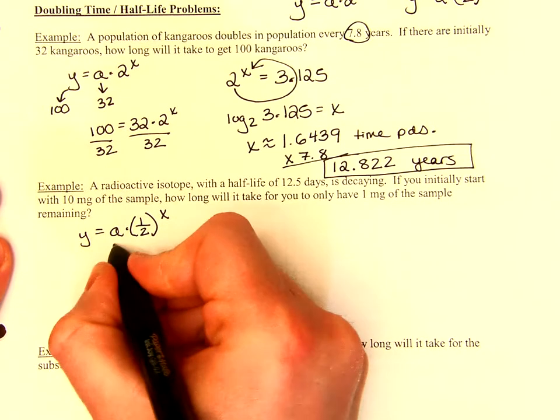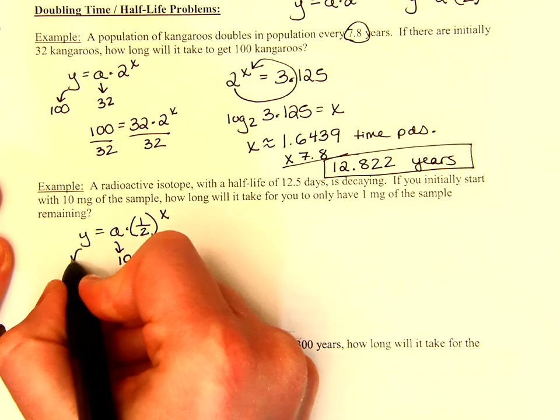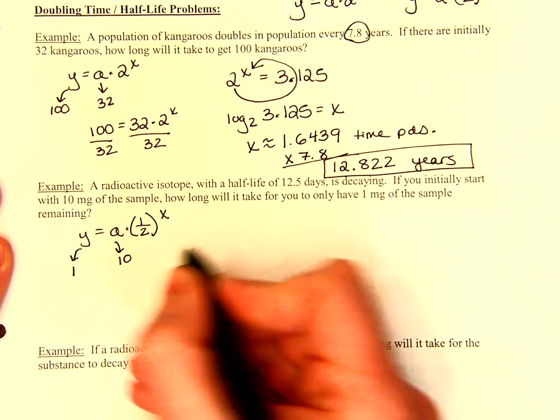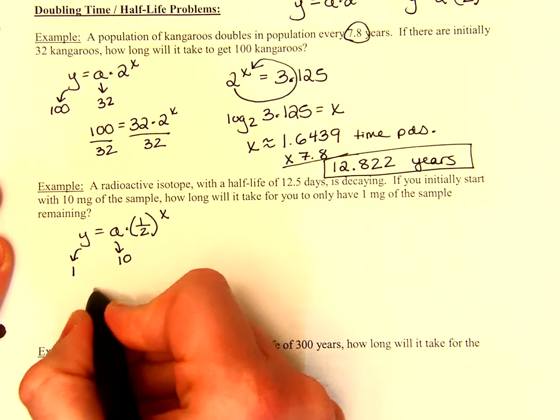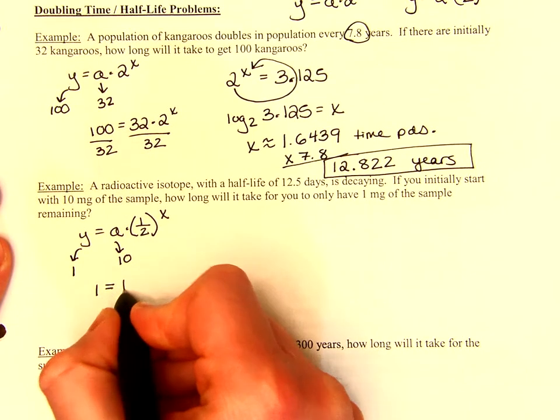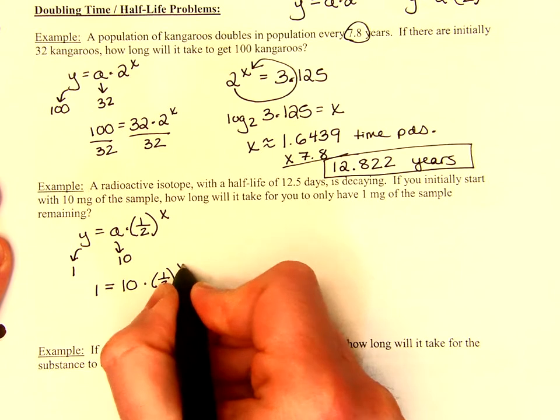I am starting with 10 milligrams, so I'll fill that in for a. I'm ending with 1 milligram. I'll fill that in for y. I don't know how long I'm waiting, so I can't figure out the number of time periods. So I'm just going to write the equation 1 equals 10 times 1/2 raised to the x.